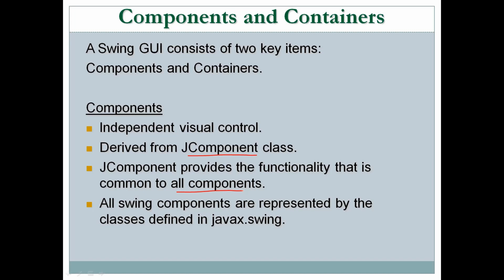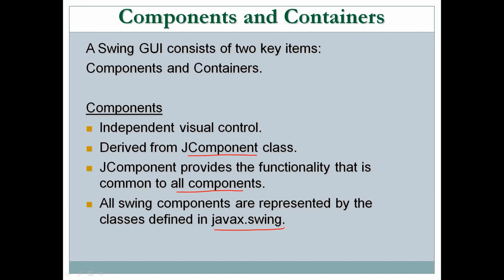All Swing components are represented by the classes defined in the javax.swing package. All Java Swing components are contained in a package called javax.swing, and this package we have to import whenever we write a Java Swing program.